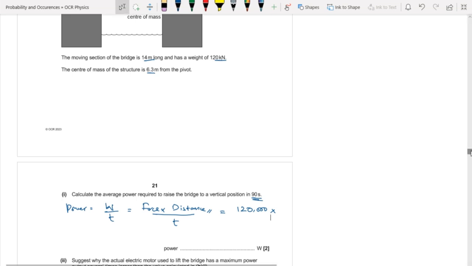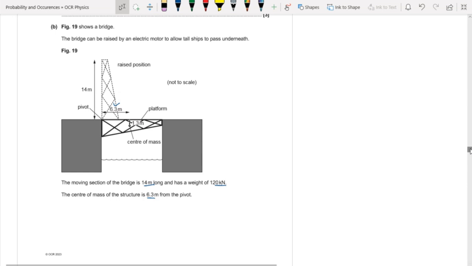Let us see from the figure. All right. So a number of students would make this mistake. Is that parallel distance 6.3? A number of students confuse that with moments. So 6.3 is this perpendicular distance, this distance. But we are not interested in the perpendicular distance.